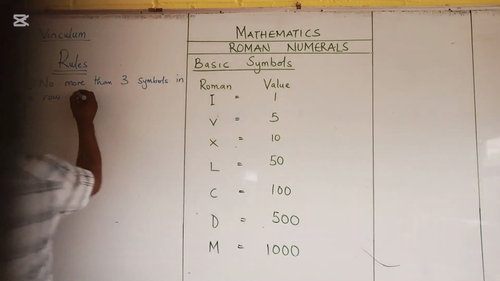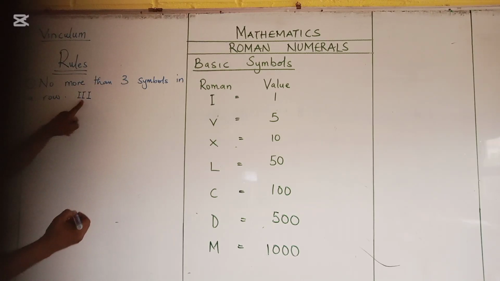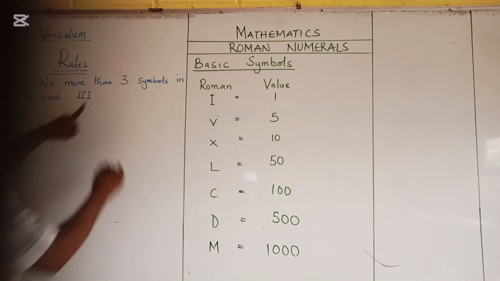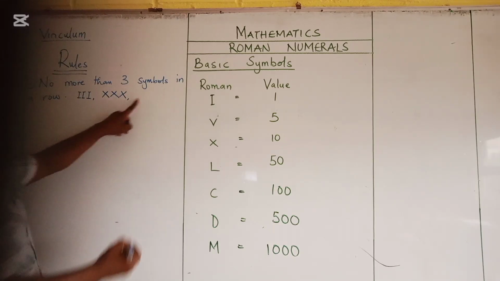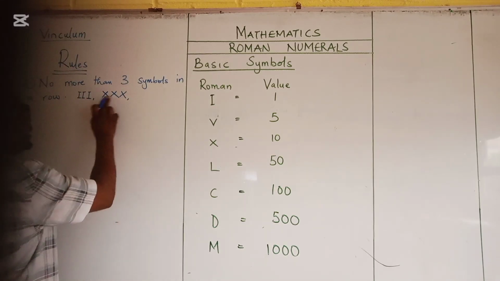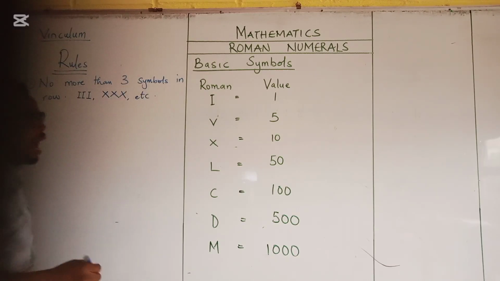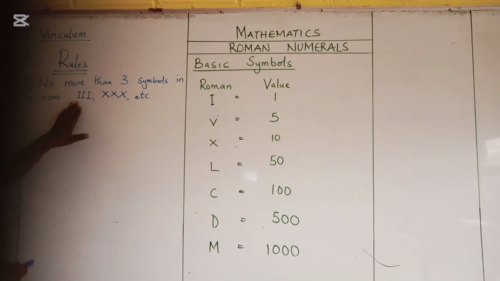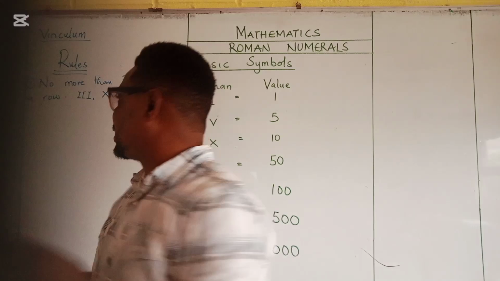For instance, we can have III, but we cannot have the fourth I. We can have XXX, but we cannot have the fourth X. The maximum is 3. We cannot have more than 3 of the same symbol in a row. That is the first one.